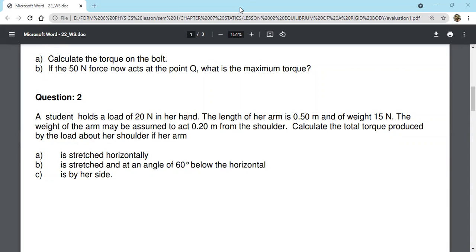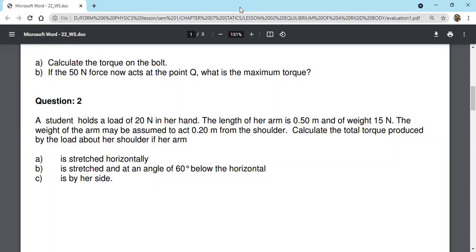So this means that if the arm is horizontal, look at the arm. Let's say the arm is like that, so this is 90 degrees, holding an object.